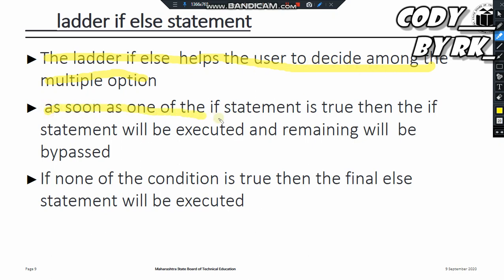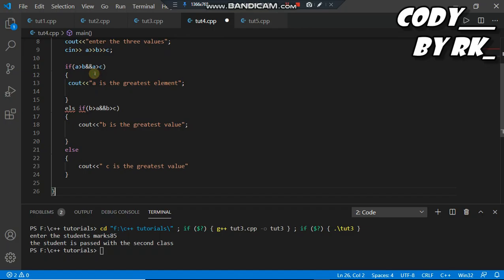As soon as one of the if statements is true, that if statement will be executed and the remaining will be bypassed. If none of the conditions is true, then the final else statement will be executed. You will get clarified while seeing the program.